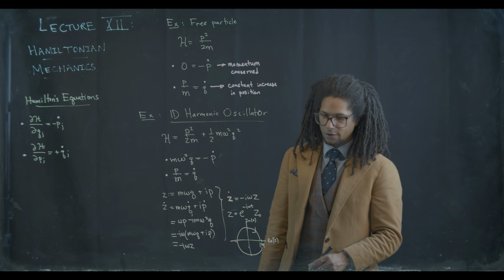Now notice that the real part of z is equal to m omega times q, and the imaginary part of z is exactly p. So whereas in this z space I'm performing circular motion with this choice of dimensional constant, back in qp space, in phase space, the motion is going to be elliptical.